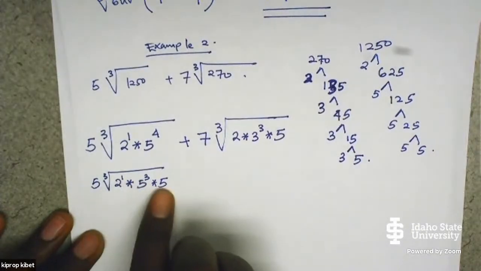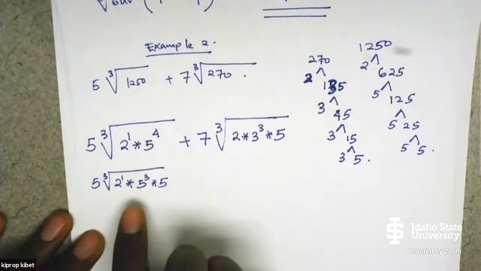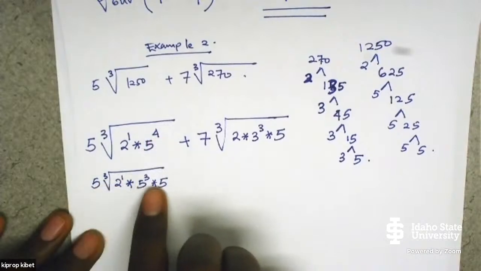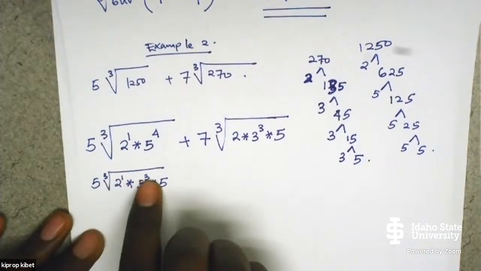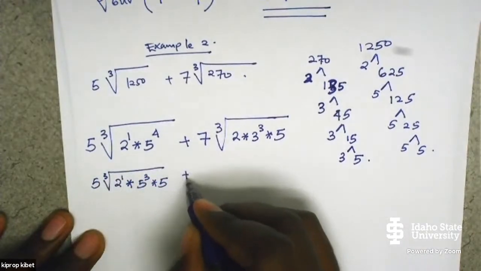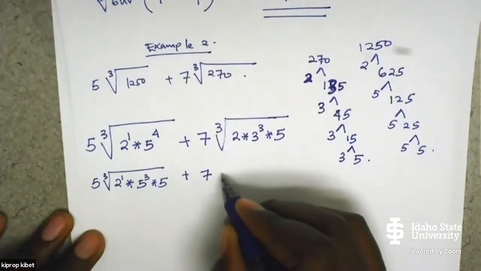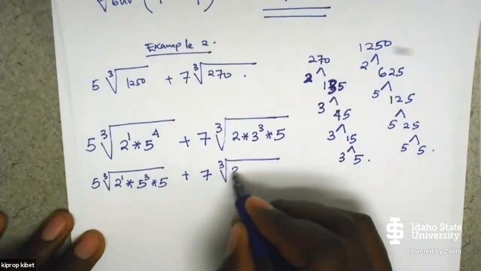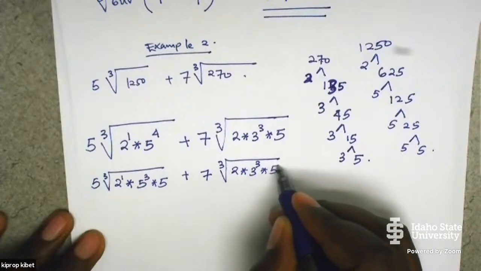So 5 raised to 3 times 5 raised to 1 is the same as 5 raised to 4. We need to see what can be divided by this cube here. Plus 7, the cube root of 2 multiplied by 3 cubed multiplied by 5.